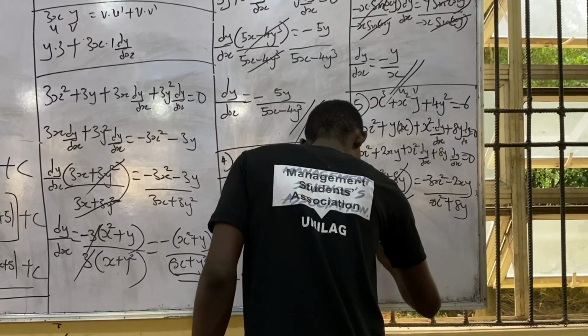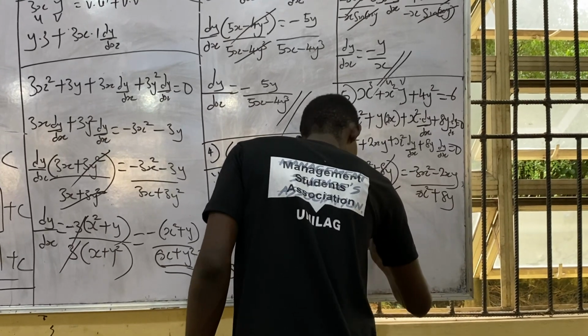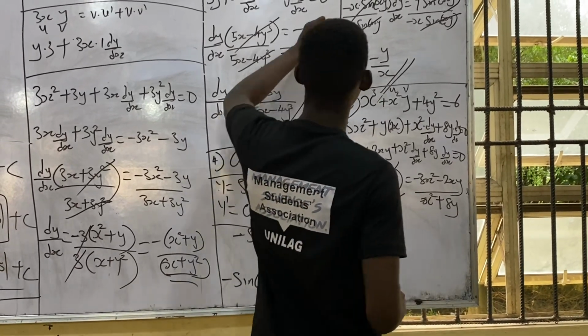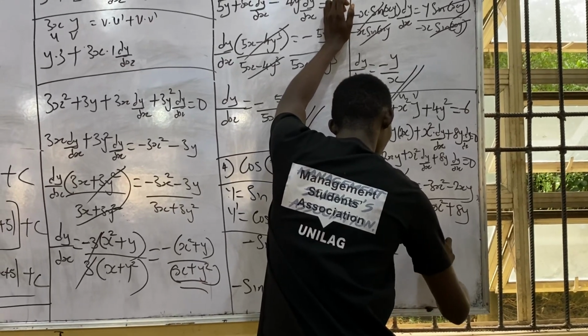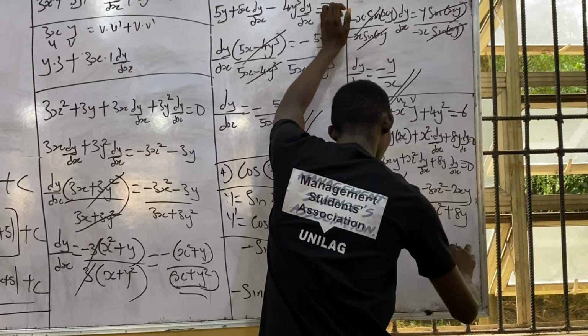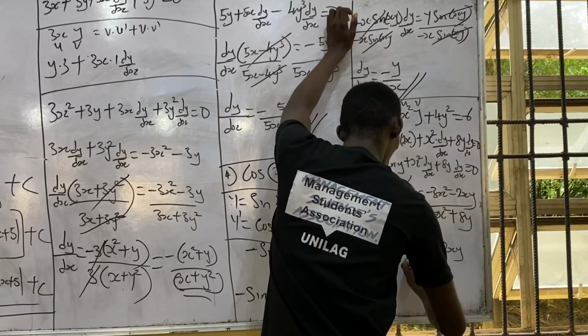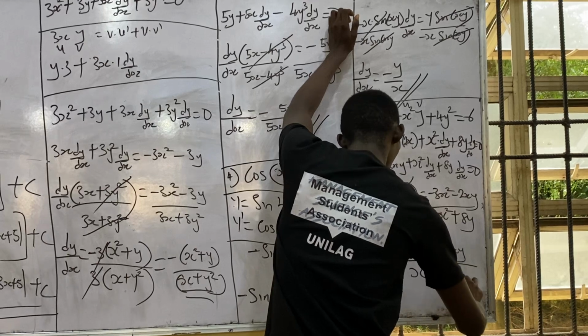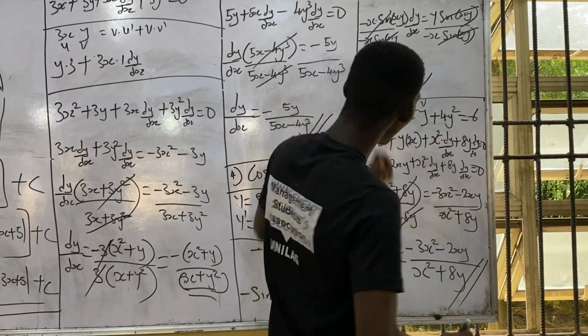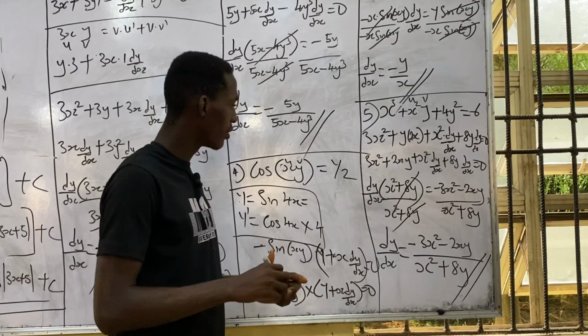Finally, you can see our dy over dx is equals to minus 3x squared minus 2xy all over x squared plus 8y. So this is our final answer for the day.